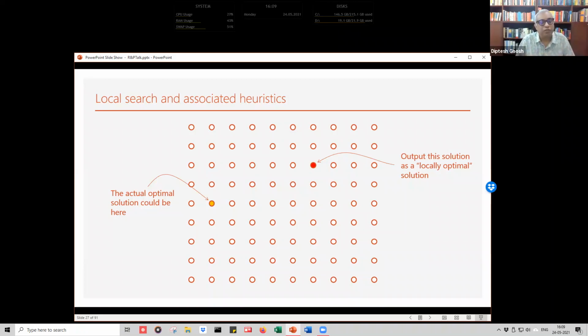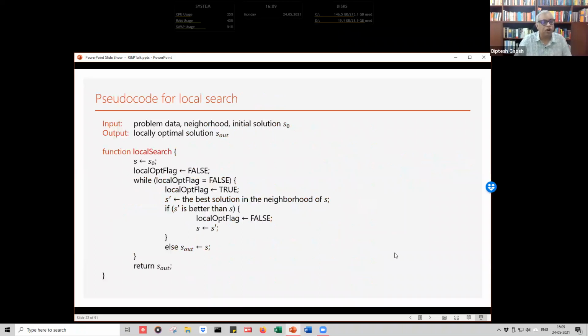That kind of a method to improve solutions is called local search or neighborhood search. And this forms the basis of a whole lot of heuristics which will improve a solution that you give to it.